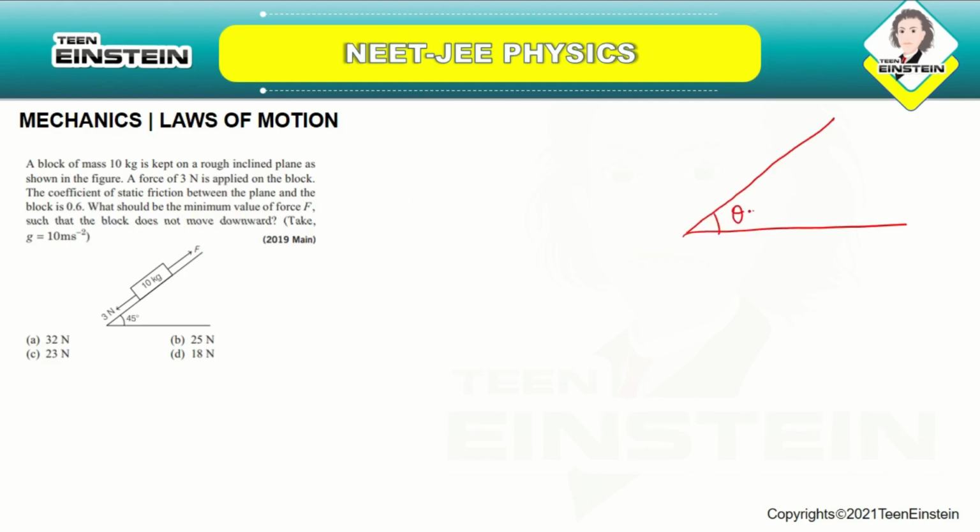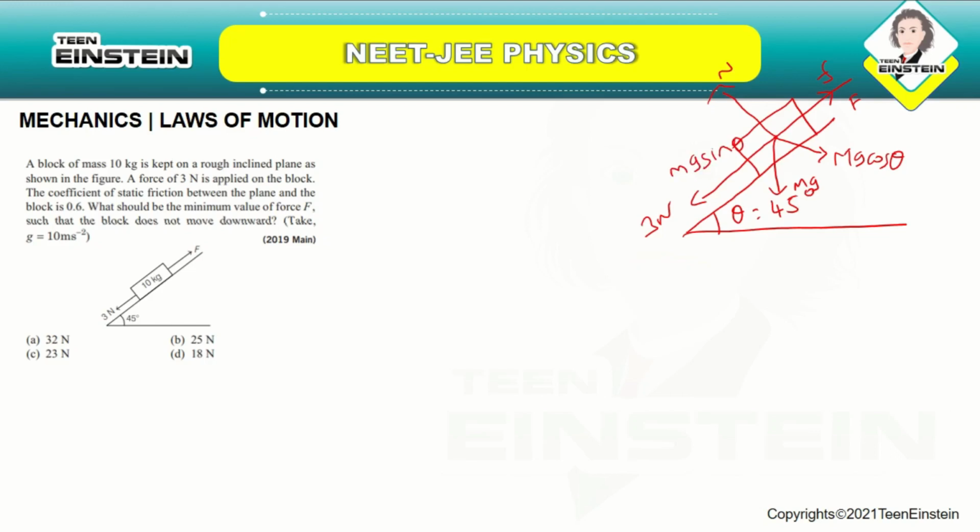Here you are having the angle theta is equal to 45 degree, and here you are having the block over here, and this is the force F. And in this direction you are having 3 Newton, and here it is mg cos theta and here you are having the normal force N. So this is mg cos theta, this will be mg sin theta.